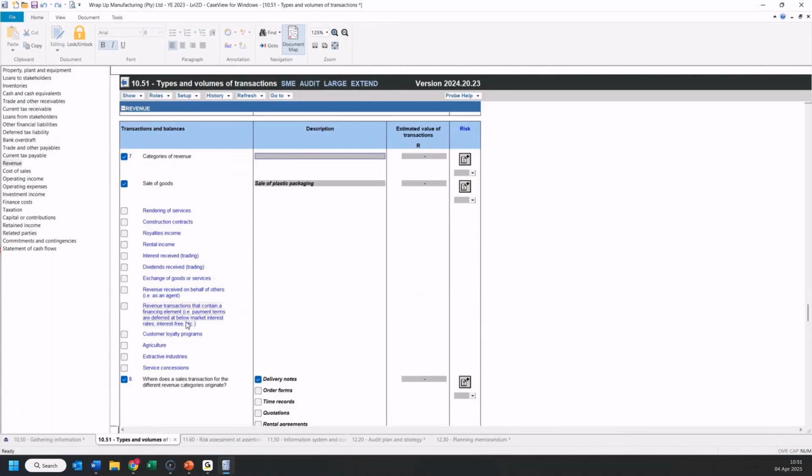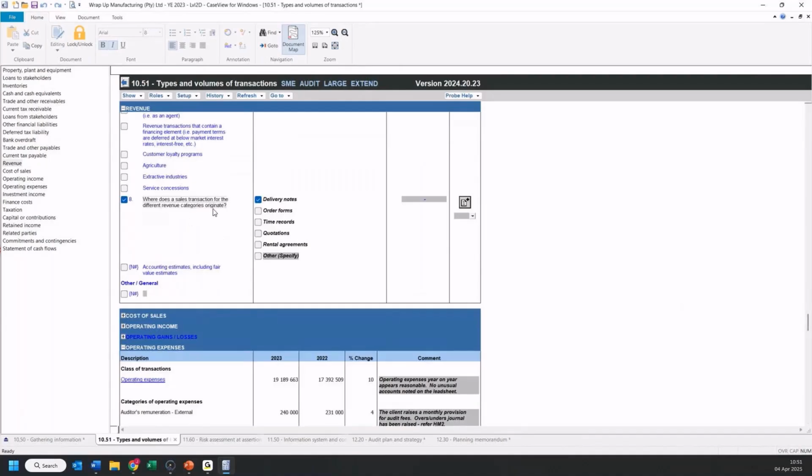If you did have more than one revenue stream, you could have then also indicated what the estimated value of those separate transactions were, which could help you in identifying risks or recording risks in certain cases. Then next up, where does the sales transaction originate from? And this is important because the work program procedures will actually point you, when it wants to refer to the source document later on, this is where it's going to come and say, what did the team say is the source document?